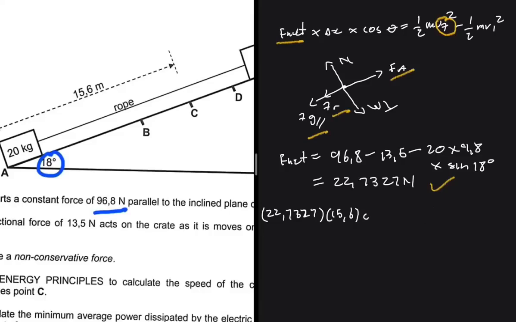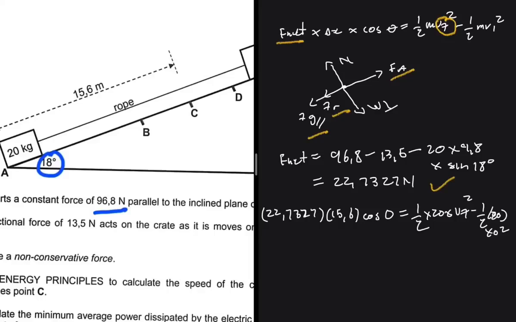So we have cos of 0 equals a half, the mass of 20 kg multiplied by VF squared, minus a half 20 times the initial velocity. Our object is coming from rest, so multiply by 0 squared. Let me solve the left hand side.